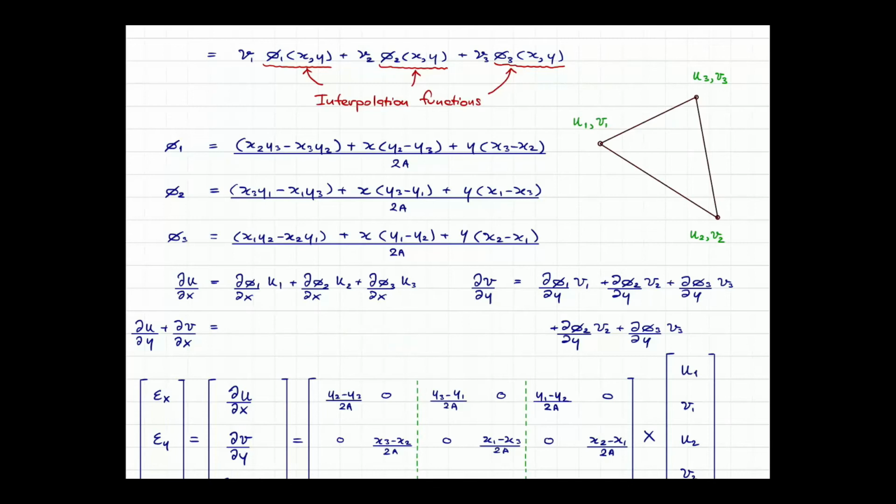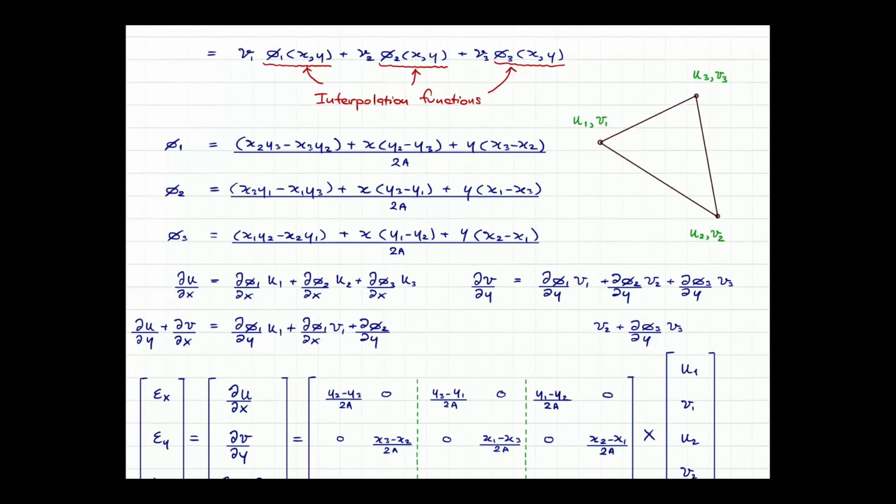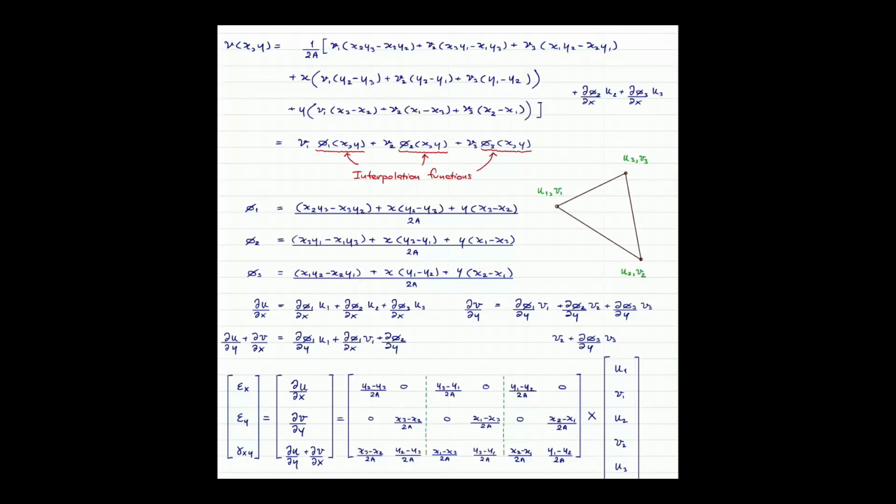So here's the thing: partial phi1 with respect to y times u1 plus partial phi1 of v with respect to x. Okay, and then with y come in, with x going to come in as well.